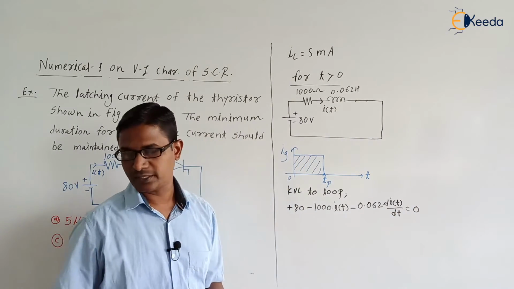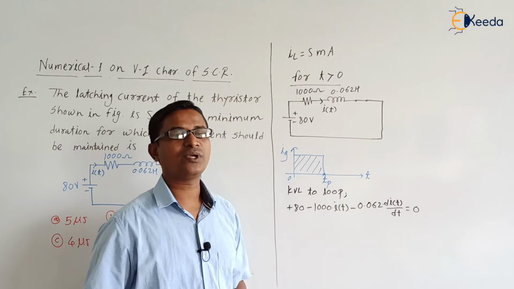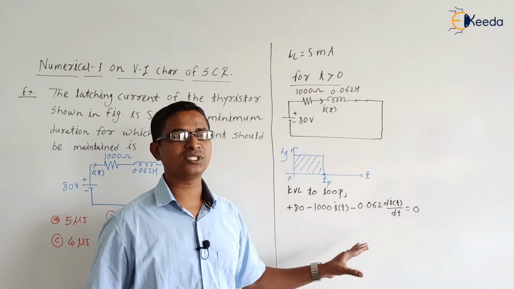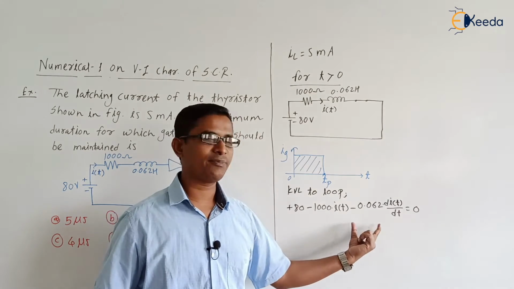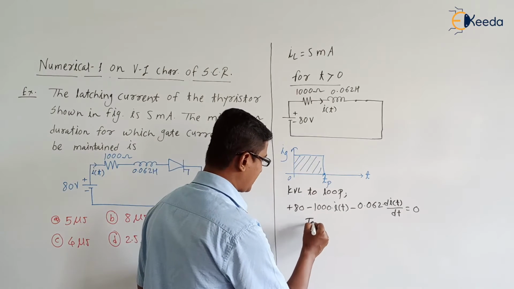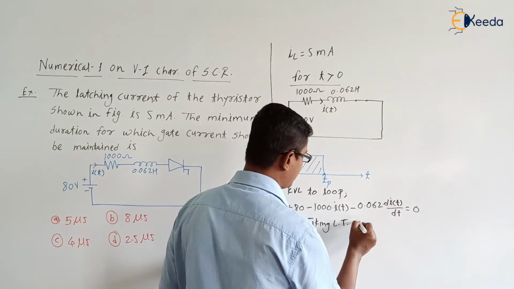This is the differential equation. Either we can solve it with the help of Laplace transform, or by the conventional method of solving a differential equation. Suppose we take the Laplace transform on both sides.